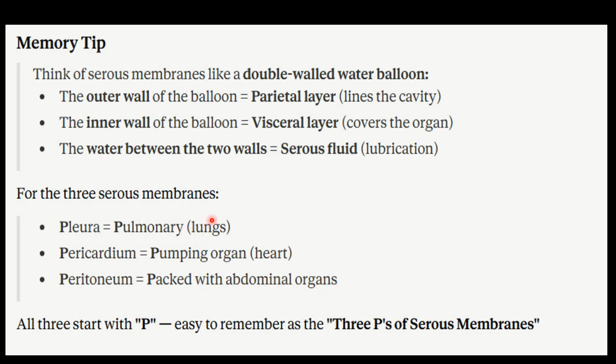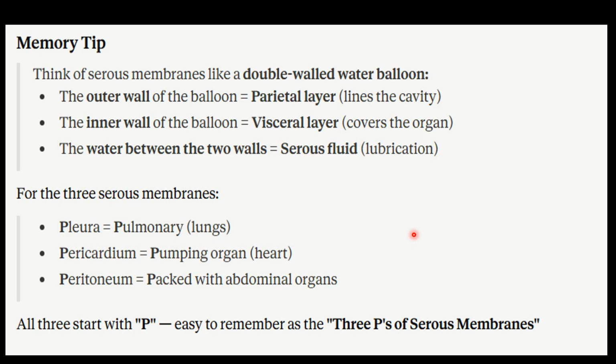We will learn these in detail in upcoming sessions, because they need more time. For now we just know the names. All three start with P, so they are easy to remember, like the 3 P's of the serous membrane: pleura, pericardium and peritoneum.